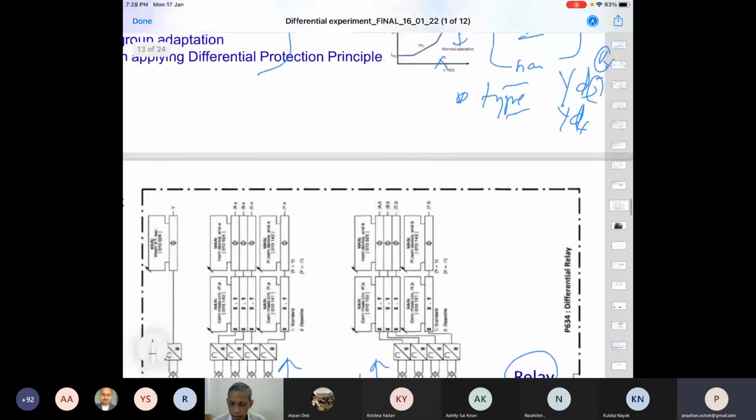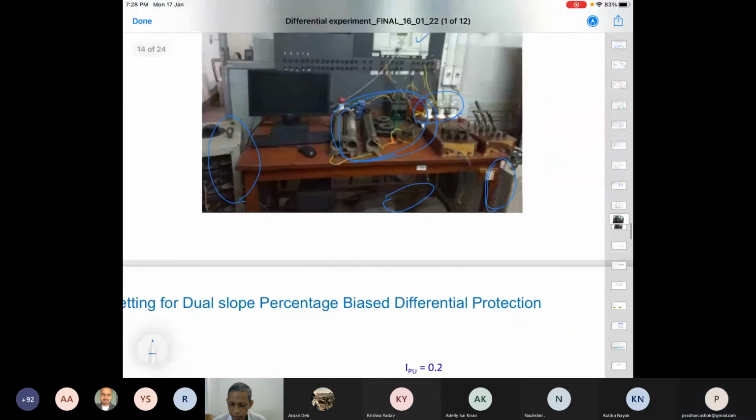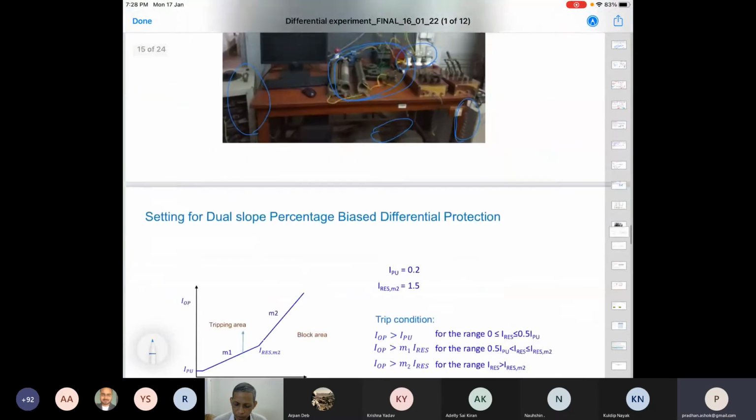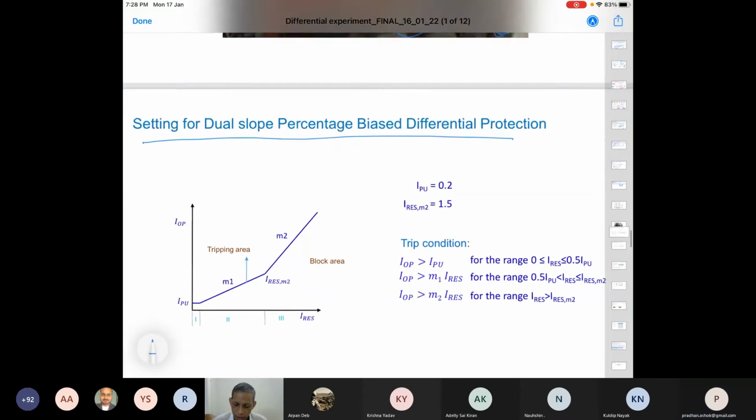Agree? Now, for this arrangement, we'll need certain settings. So what are the settings? Setting for the dual slope percentage differential. The question earlier was, how to set this?